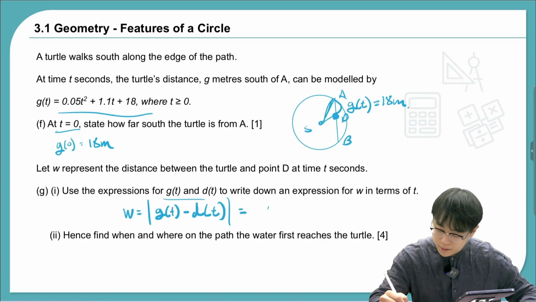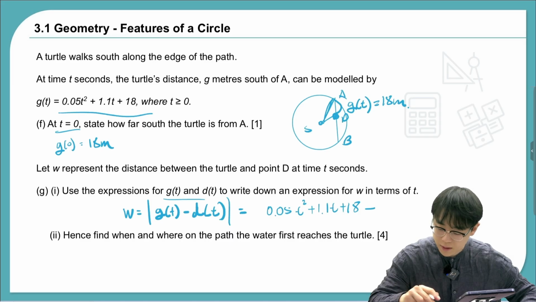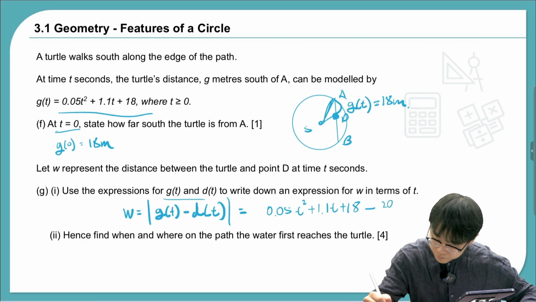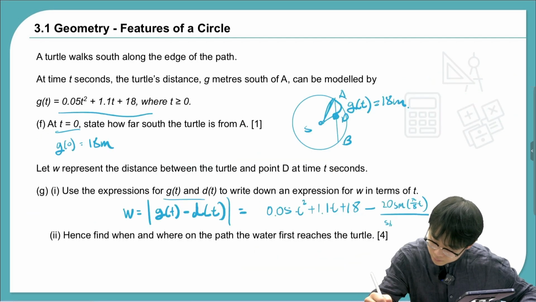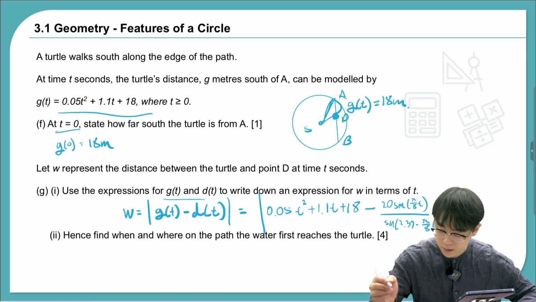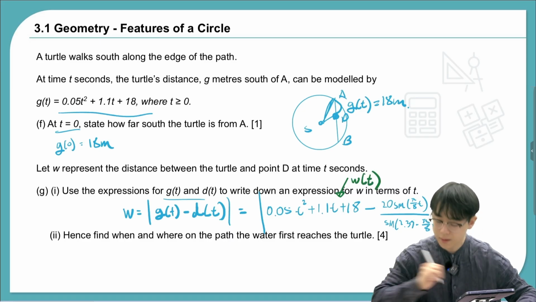So that's going to be 0.05 t squared plus 1.1 t plus 18, and we would subtract our equation for d(t), which was 20 sine(pi over 8 t) all over sine(2.37 minus pi over 8 t), right? With an absolute value there. So that's our expression for W in terms of t.